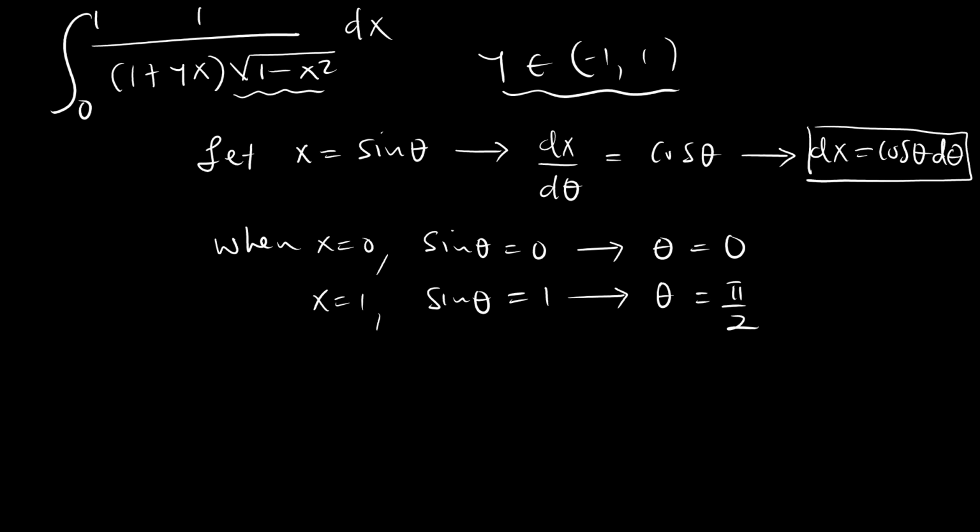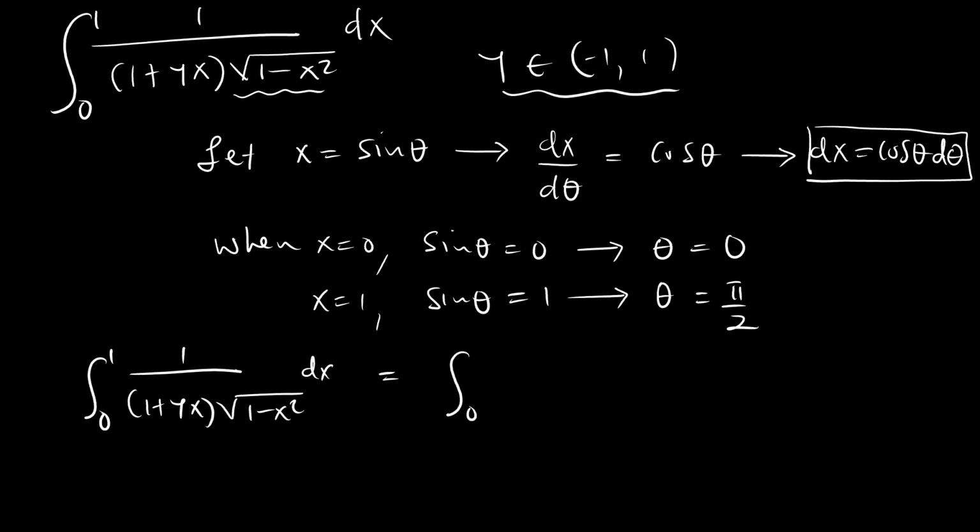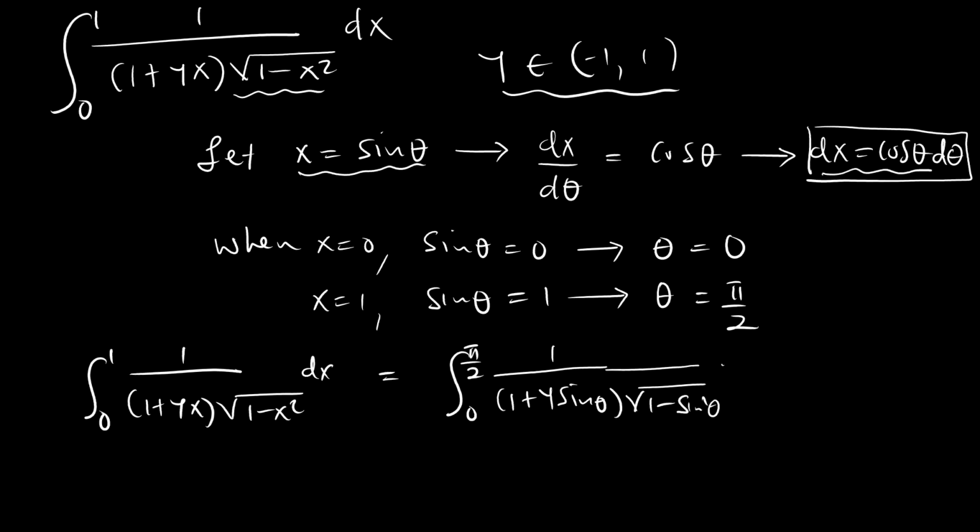Therefore, in the theta domain, our problem becomes the integral from theta equals 0 to theta equals pi over 2 of 1 over (1 plus y sine theta), times the square root of 1 minus sine squared theta, and dx we saw here is cosine theta d theta.